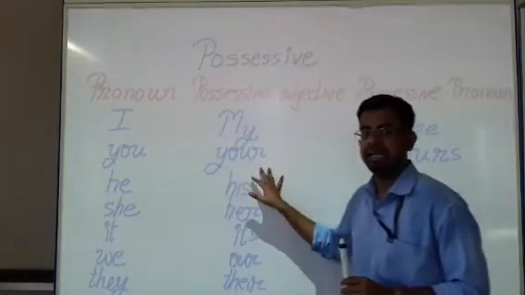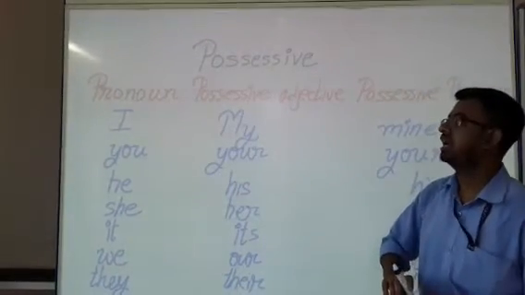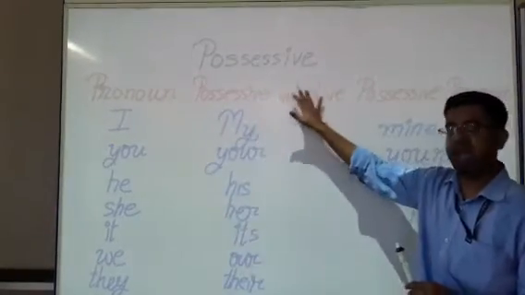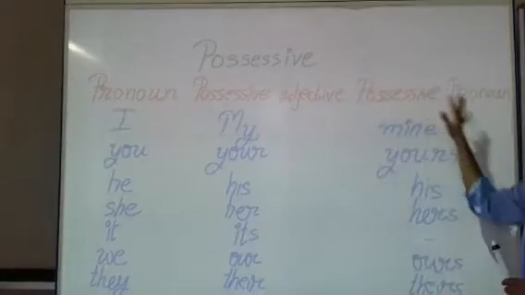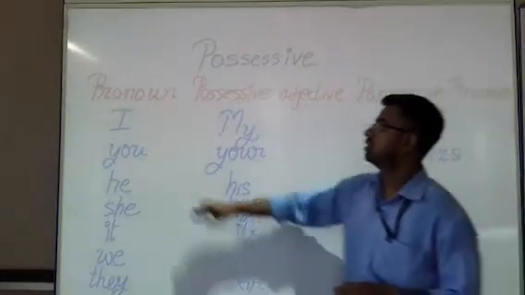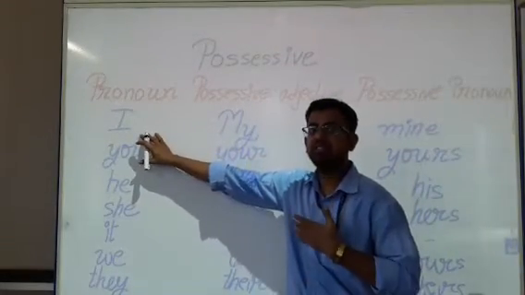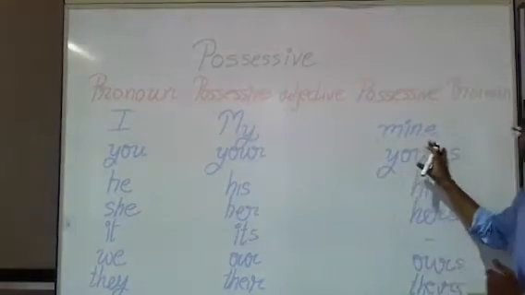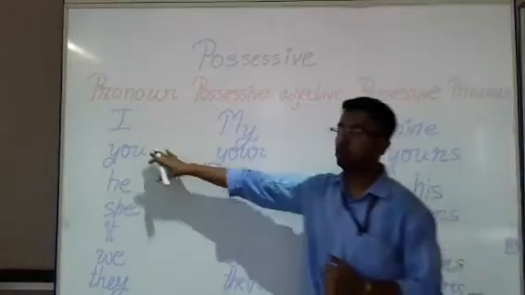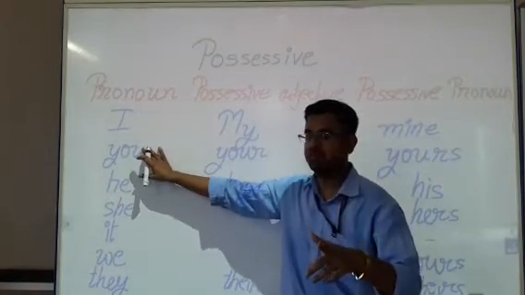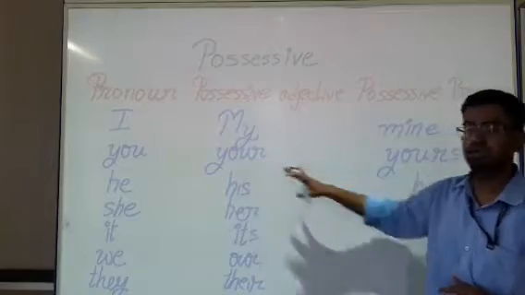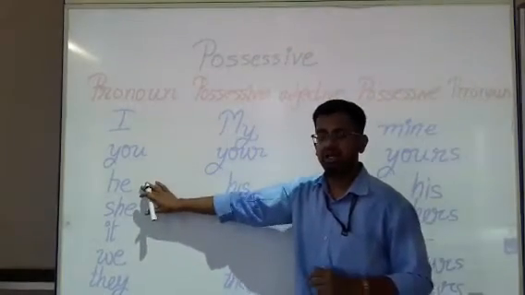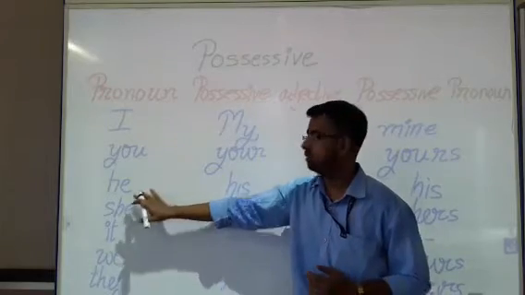Here I had made a table in which I had categorized pronouns, possessive adjectives, and possessive pronouns. I means first person. Mine. You means second person. Yours. He is third person.